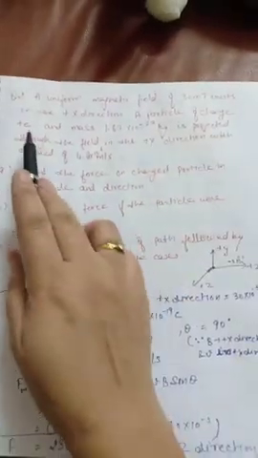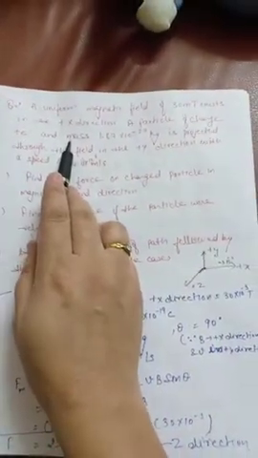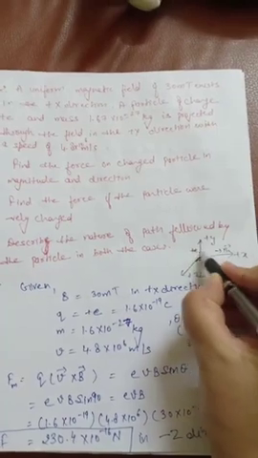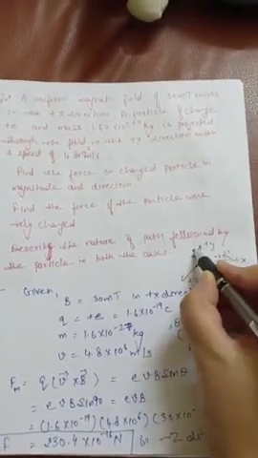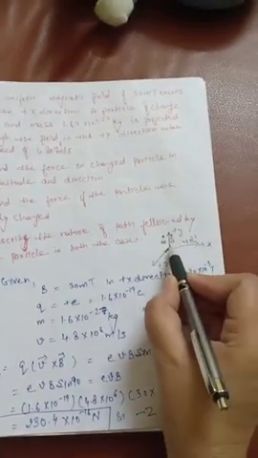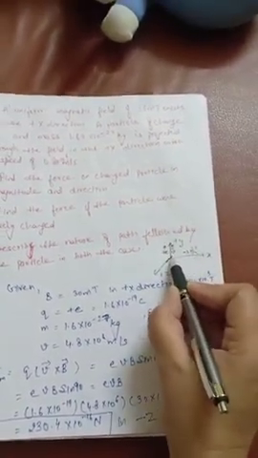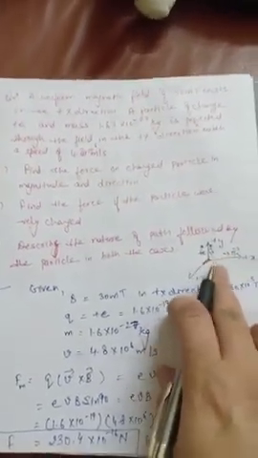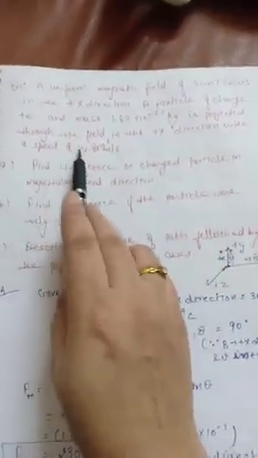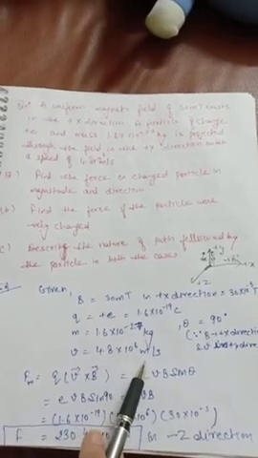A particle of charge plus e and having mass is projected into the field in the positive y direction. A positive charge is moving, so we will have velocity in this direction. That means the angle between the velocity vector and the magnetic field is 90 degrees, which is clearly seen from this diagram. The speed is given as 4.8 into 10 power minus 6 meter per second.